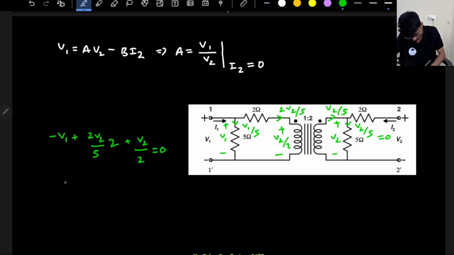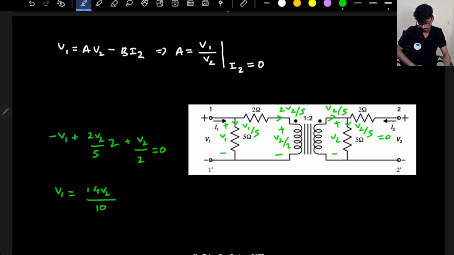So from here, V1 will be 4 by 5 and 4 by 5, and if I multiply by 5, this will be 14 V2 by 10.